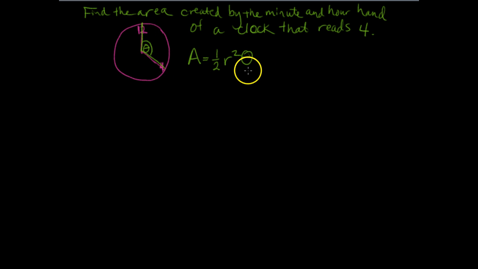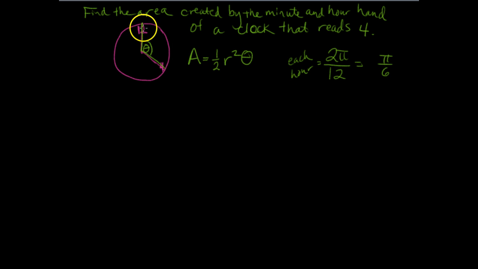In the first situation where this is our theta, how many hours are in the clock? It spans 12 hours, and we know that the full rotation in radians is 2 pi. So if we divide 2 pi by 12, each hour measures pi over 6 radians.